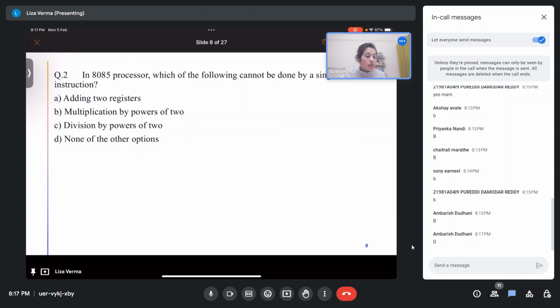Someone is saying D. Please write your answers. Alright, so yes, the answer is D. You can do multiplication, you can do division, and obviously add two registers.